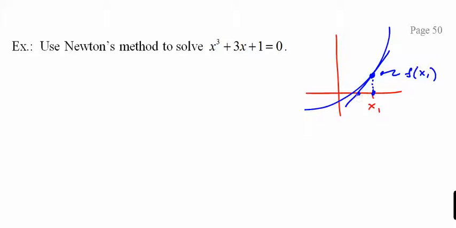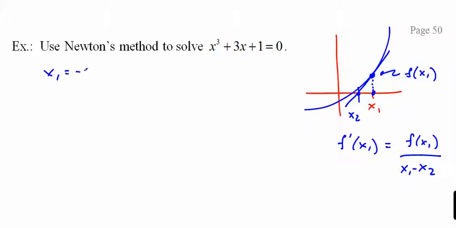This will be your new guess, x2. So the slope is f prime at x1, and that equals f of x1 over x1 minus x2. So when you go to find your x2, you're pretty much set based on what's going on here. So we're going to guess, I don't know, we could graph it. Let's go with negative 0.3.